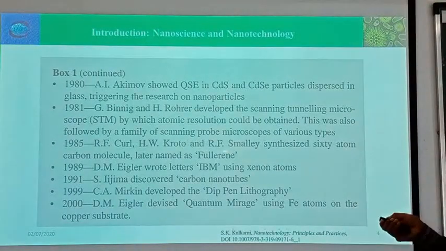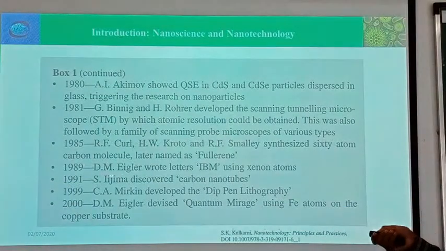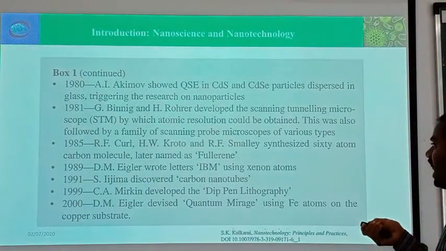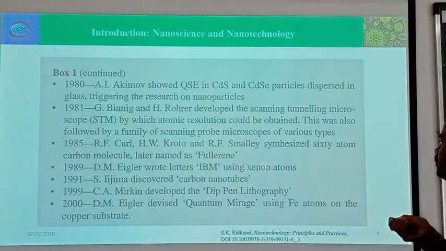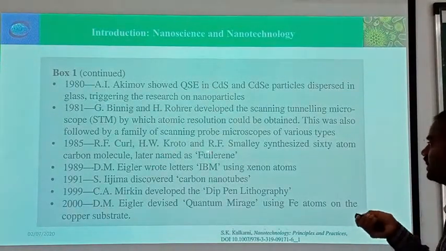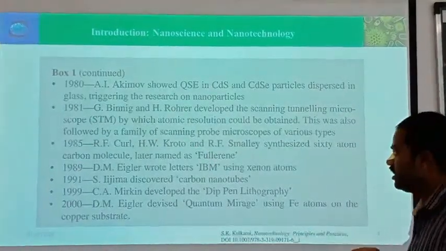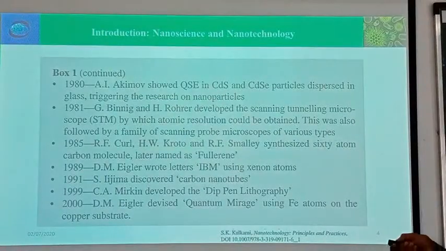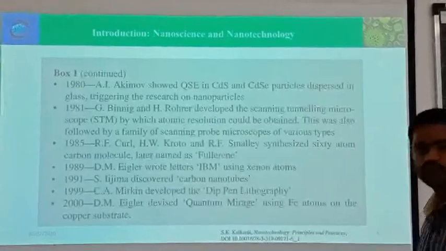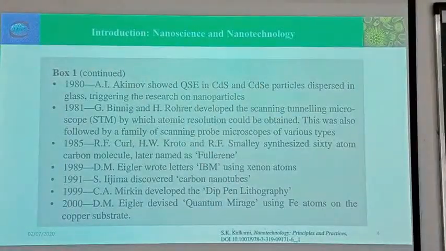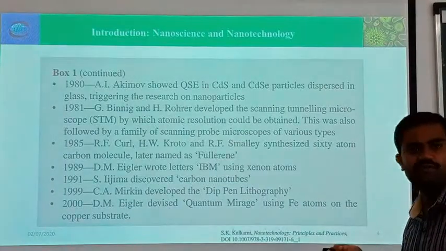Then again in 1985 the fullerene was discovered. In 1989, IBM's Eigler wrote the letters IBM using xenon atoms. So, like that, they used a lithography technique in 1989. In 1991 the Japanese scientist Iijima discovered carbon nanotubes. He got the Nobel Prize for the discovery of carbon nanotubes, CNTs.